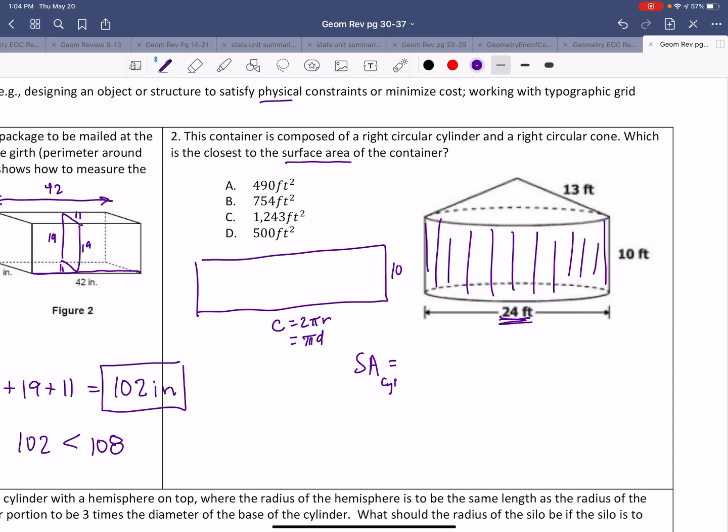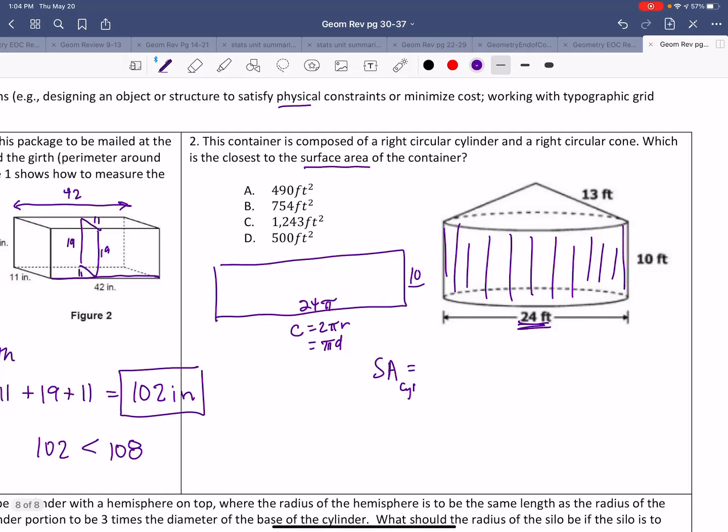So my circumference here would be 24 pi, and my height is 10. So I have my surface area, and I wouldn't paint the bottom. It looks like they just want the surface showing. So that would be 24 pi times 10, which would be 240 pi. So I'm going to take 240 times the number 3.14. I get 753.98.